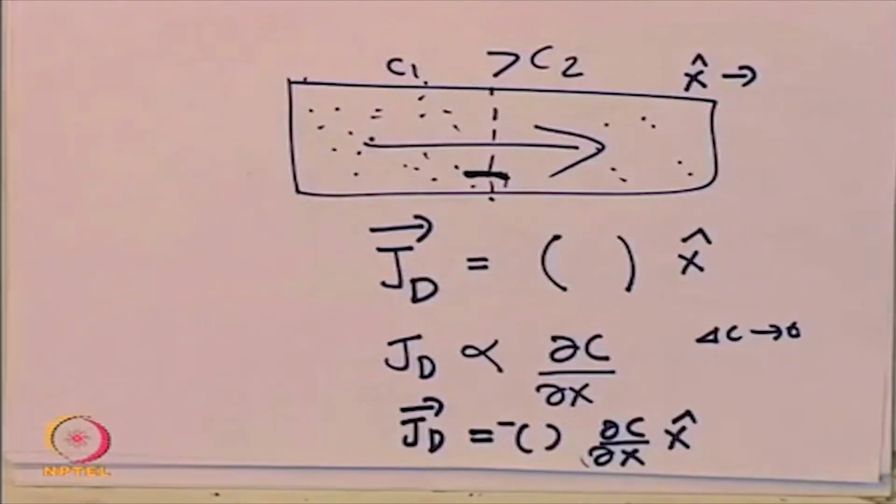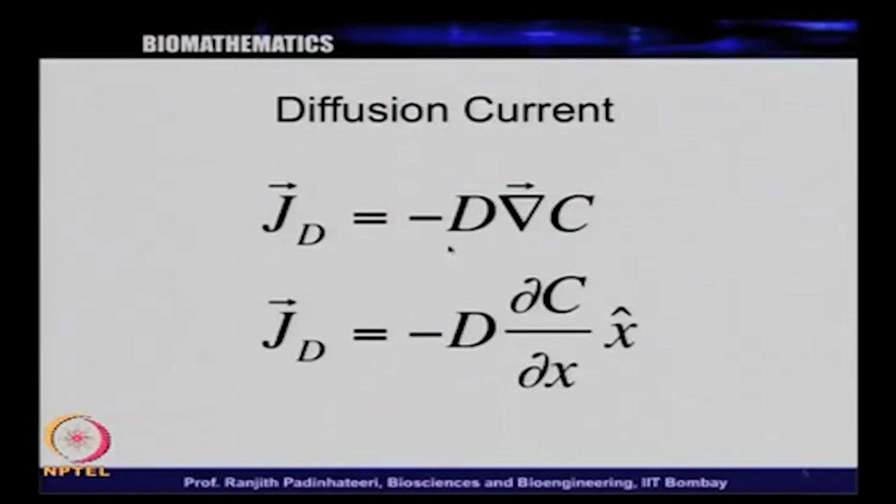So, this leads to our next slide, where we said the current J d is minus D times del c, where del is something which we learned in the previous lecture. Del is a gradient vector.